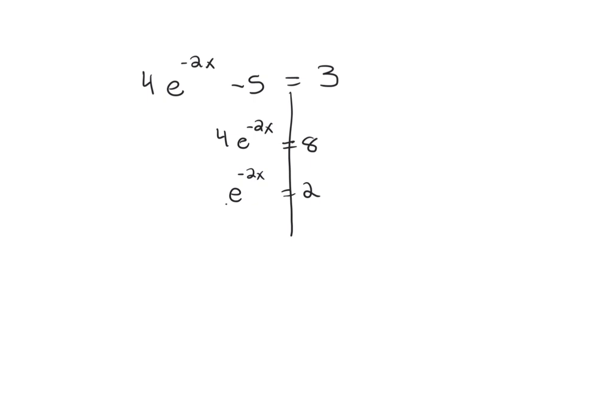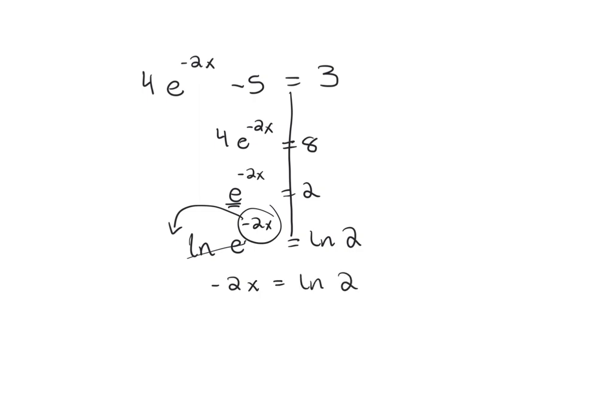But in this case, since you have base e, you'll take the natural log of both sides. The power property brings the exponent down in front, and ln of e equals 1. So you'll have negative 2x equals natural log of 2. Divide both sides by negative 2, and then you can type that in your calculator and you will get about negative 0.347.